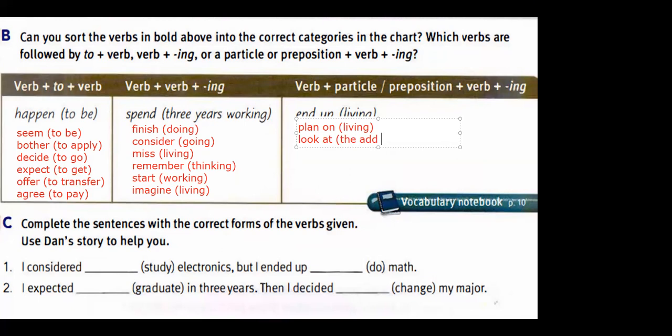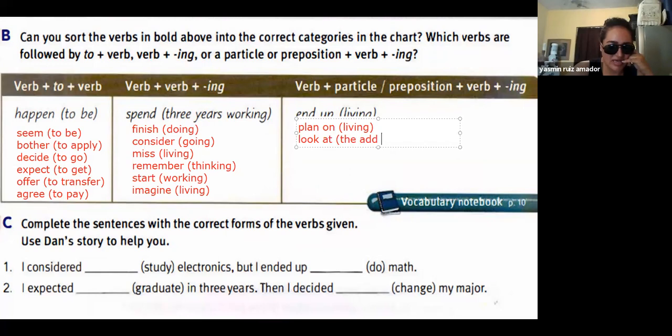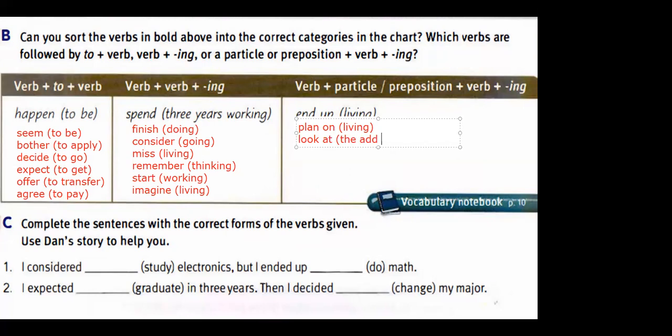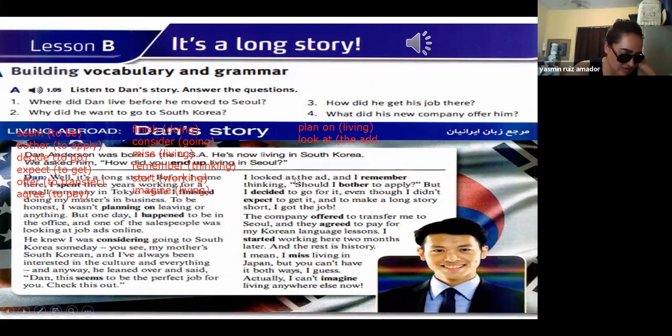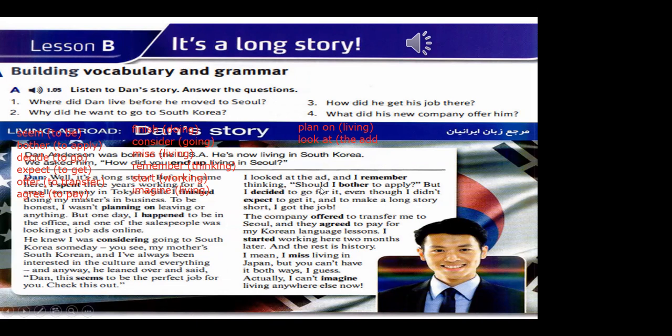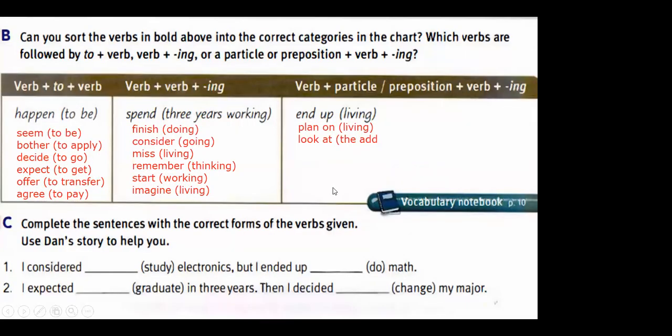What is the verb? Make. Make a long story. Well, here it says, look at the at, you don't have two verbs. At is a preposition, it's not a verb. Look at the at. Okay.